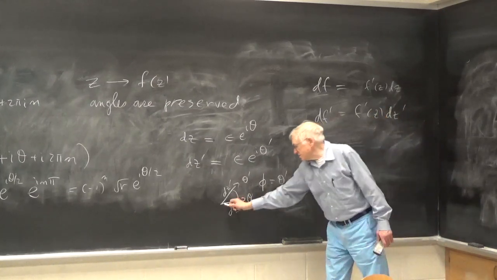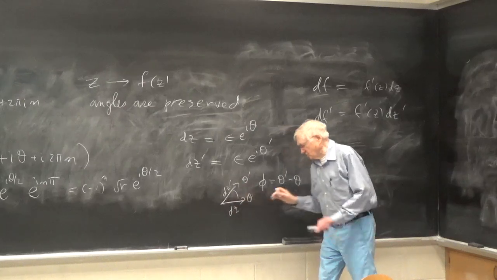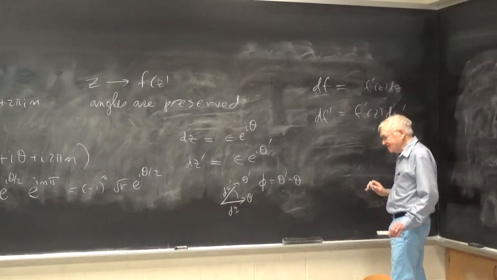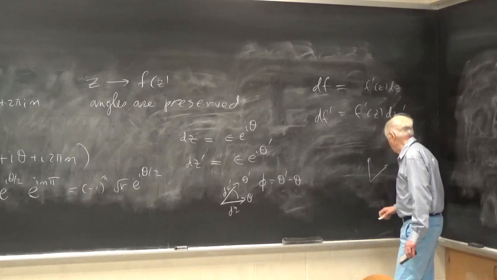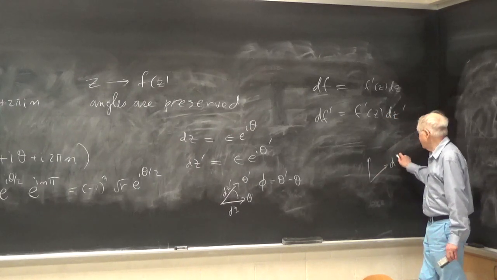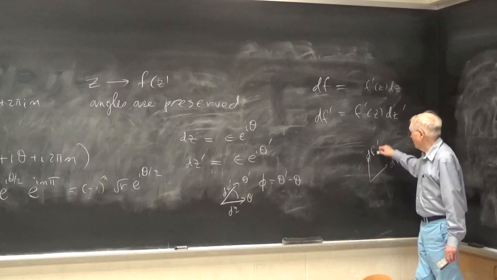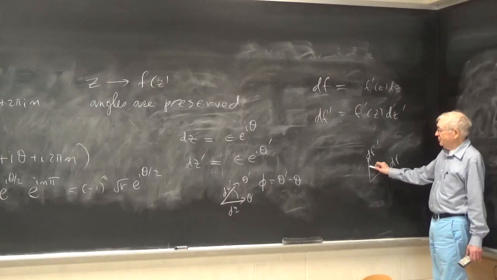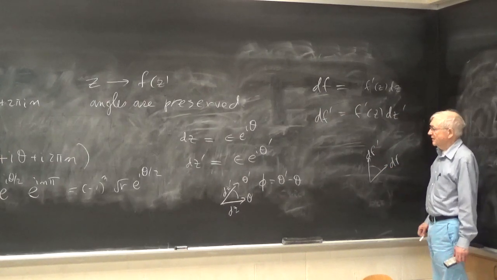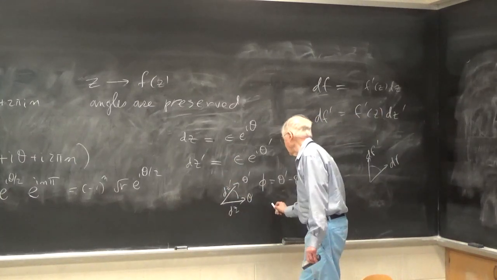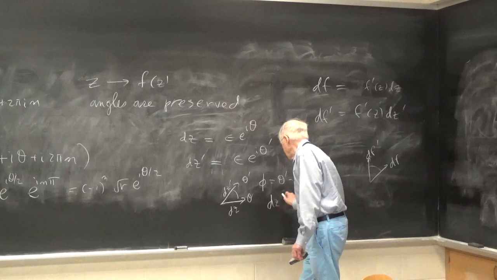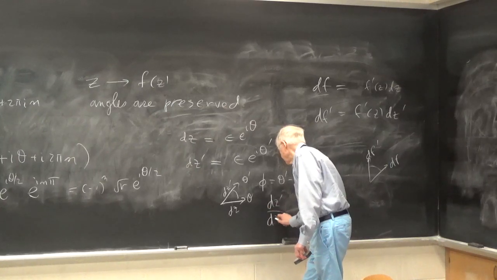So these two small displacements in the z-plane get mapped into two other displacements, df and df prime. Now, if we compute the angle between them, this phi, the way you compute that angle is you take dz prime over dz.